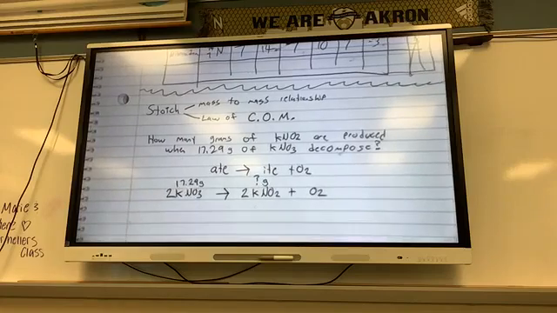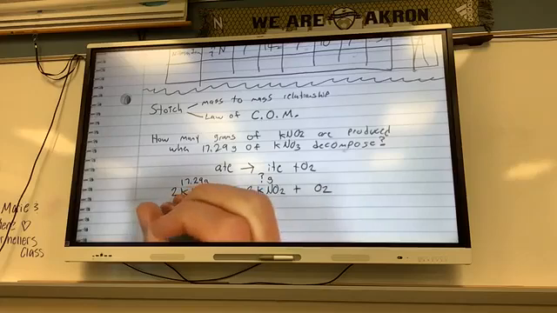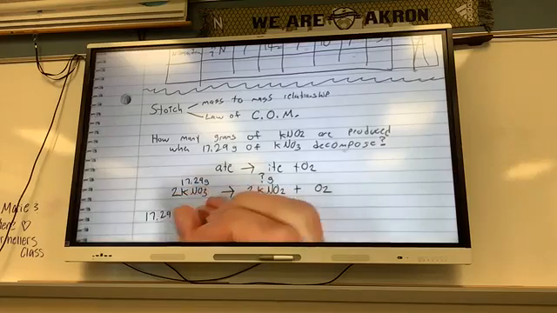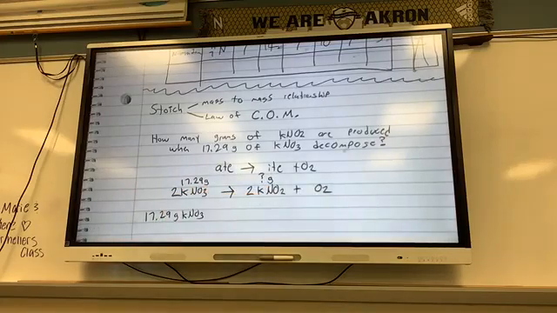So here we go. Let's run our line of stoich. I'm going to start out with my 17.29 grams of KNO3. How many sig digs will my answer have? I already know. 4. Because however many you start with is however many you end with.